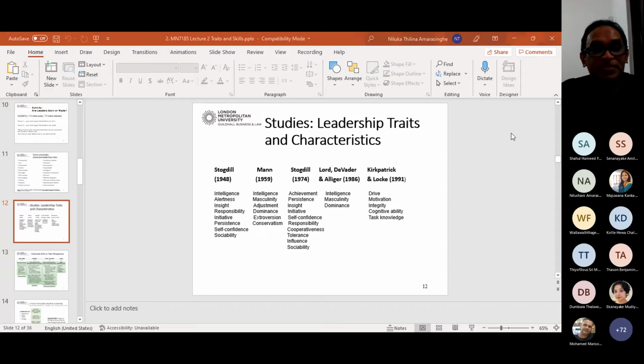Nobody knows what extraversion is? Never heard of extroverts? Never heard that word?